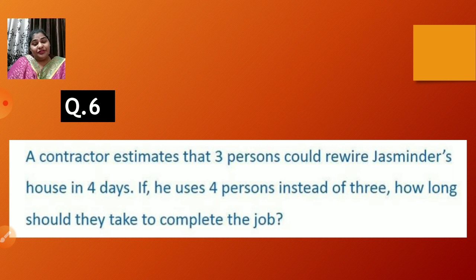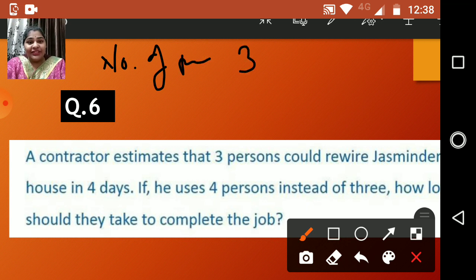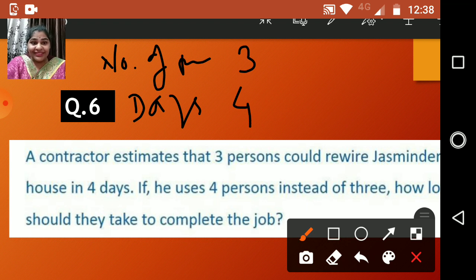Now suppose a few people are called to do a job at Jasminder's house. If there are 3 persons, children, we will write here number of persons. So number of persons are 3. Then they will take number of days. How many days will they take? That is 4 days, right?